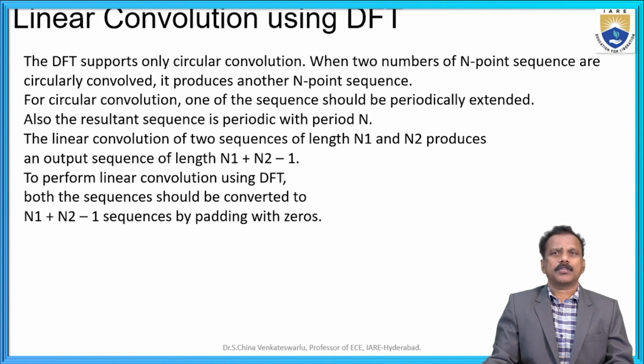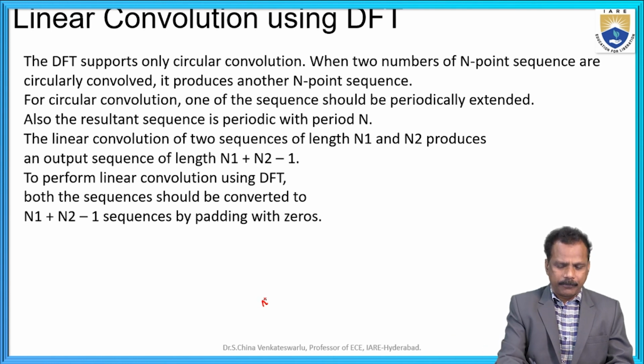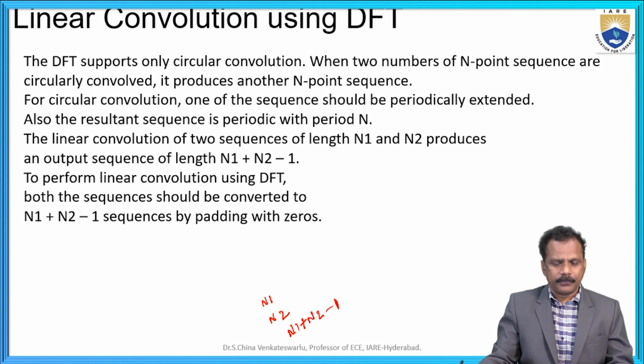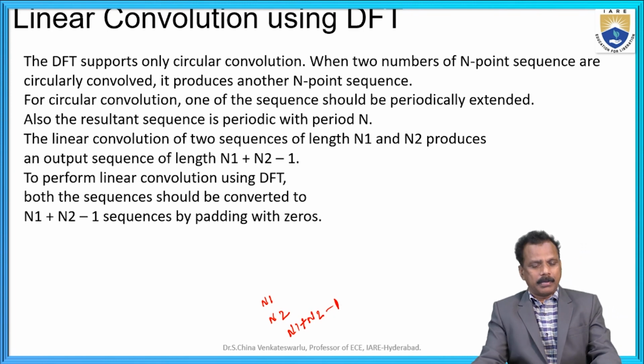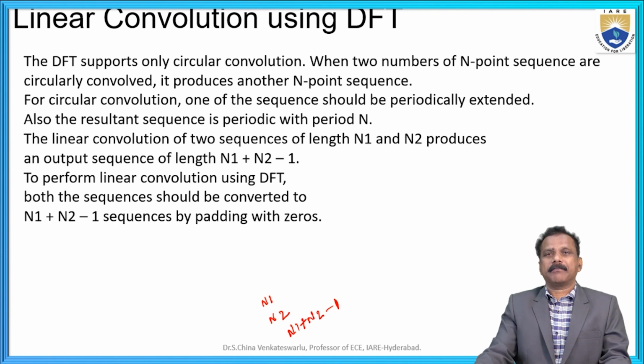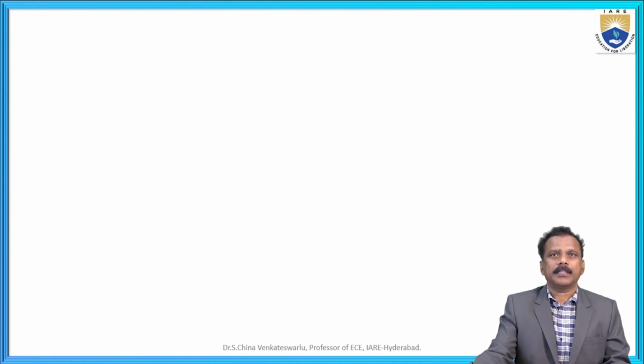For the linear convolution of the two sequences of lengths N1 and N2, the output sequence length is N1 plus N2 minus 1. To perform linear convolution with the DFT, both sequences should be converted to N1 plus N2 minus 1 length sequences by adding zeros.